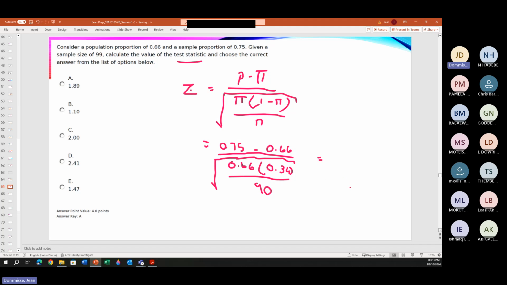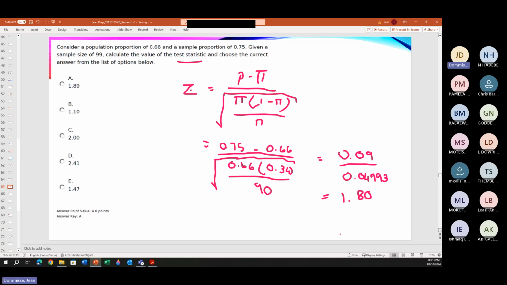So 0.75 minus 0.66 is equal to 0.09 at the top. Then below, 0.66 times 0.34 divided by 90, and if I take the square root of that, it is 0.04993. So if we then get z for that, it will be equal to 1,080.